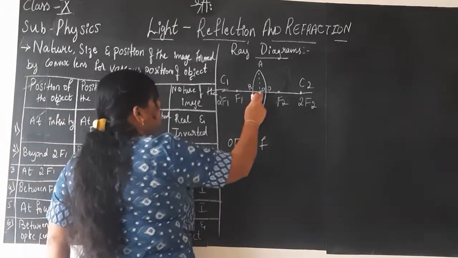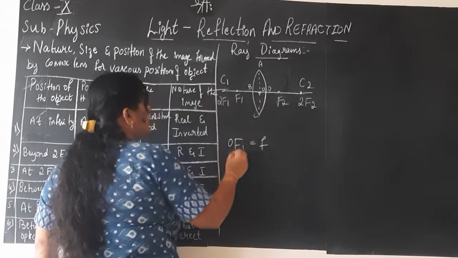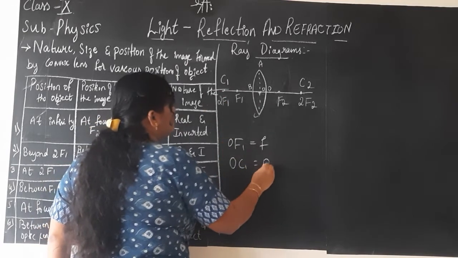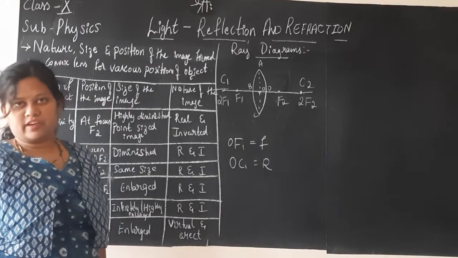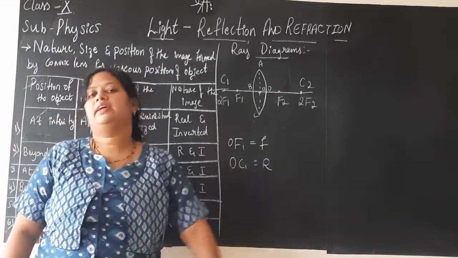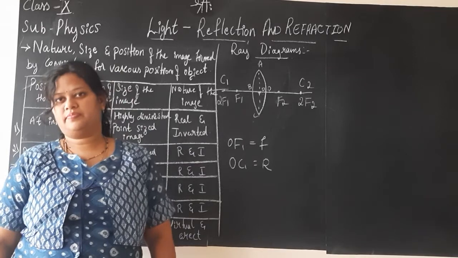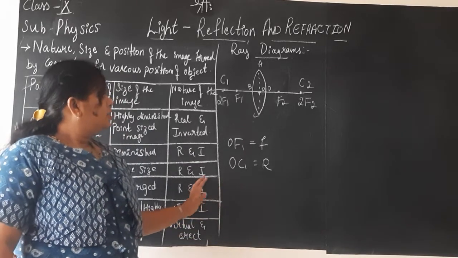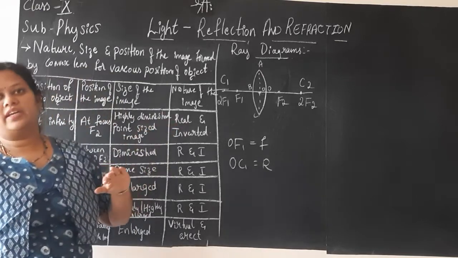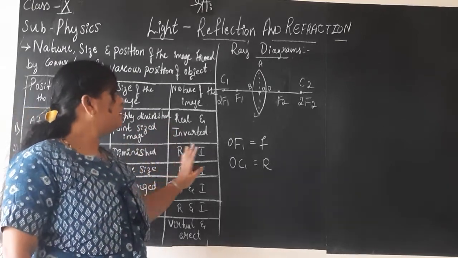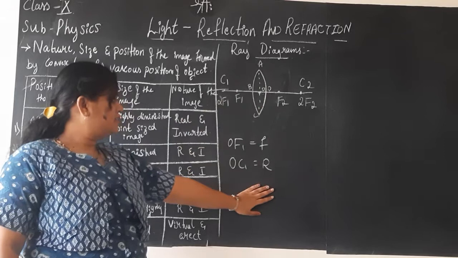Next, the distance from the optic center to the center of curvature C1 of the lens is called the radius of curvature, represented by capital letter R. That's all you should know for now. Sign convention I will explain later, after studying the ray diagram, children. These things you know, basics these are.